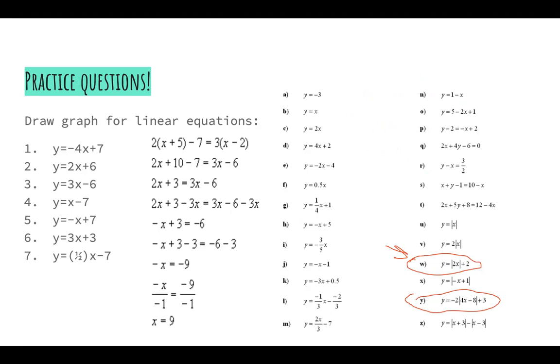So first, use the basic knowledge. We know that the +2 can be removed at first because it is just moving the whole function up 2 units.